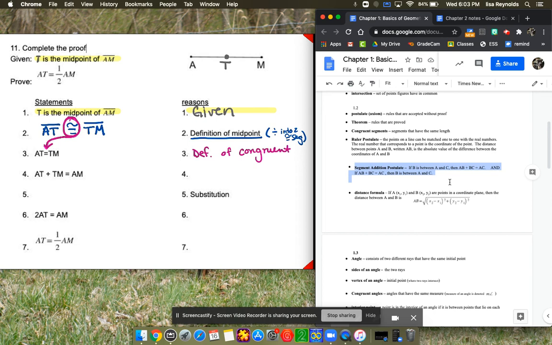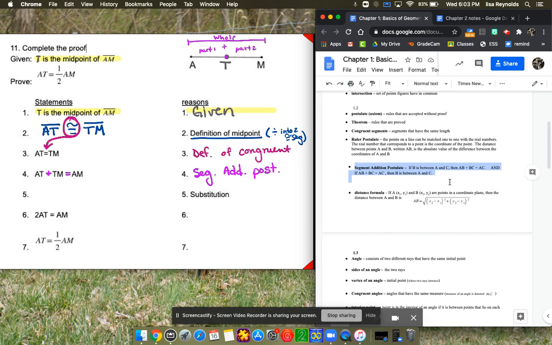Well, my point T is definitely between A and M, so I can take the first part and the second part and make them equal the whole amount. So if I add the parts, it should equal the whole, and this is an addition of the parts to equal the whole thing. So this is our segment addition postulate.